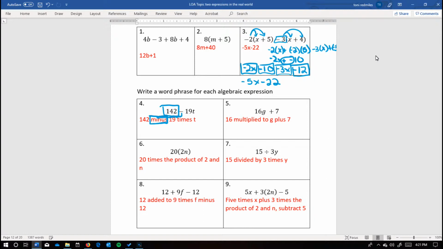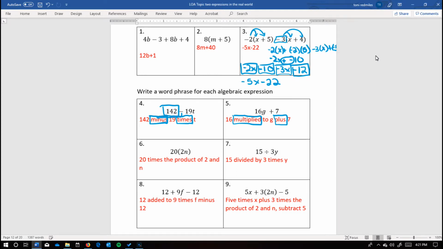Then 19 is being multiplied to the t, so I need a word that means multiplication. Doesn't have to be times, it could be one of the words from your word list. All right, the 16 and the g are being multiplied together, so you have to use a word that means multiplication, and then 16g is being added to 7. So remember, the words in the box, as long as you use a word that means the same thing, you can have a different word than me.